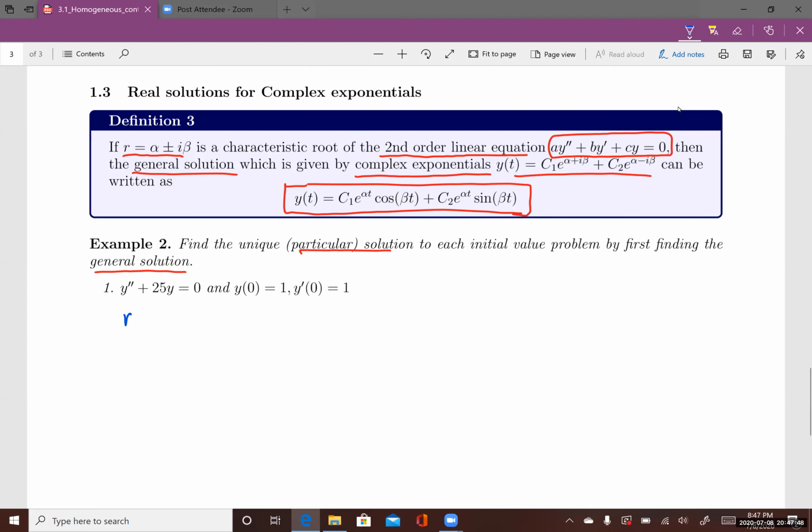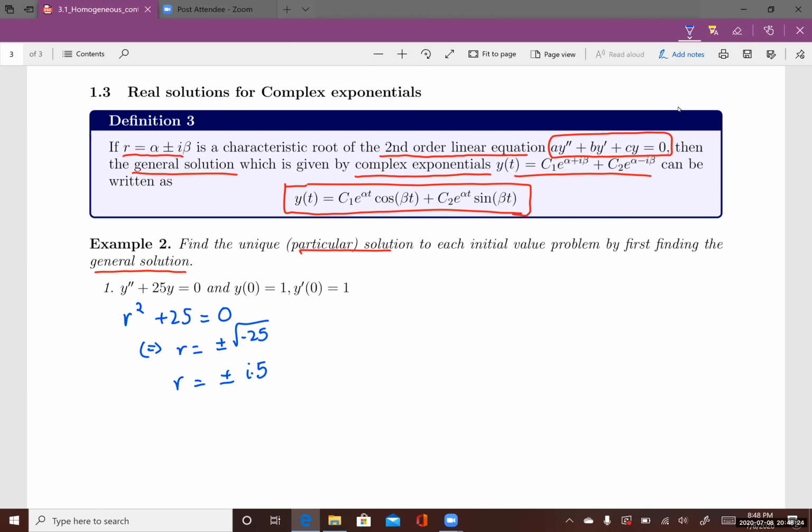So I found the characteristic polynomial is r squared plus 25 equals 0. That means r equals plus and minus the square root of negative 25, and I have to use a complex value to express it. So it's going to be plus or minus 5i.